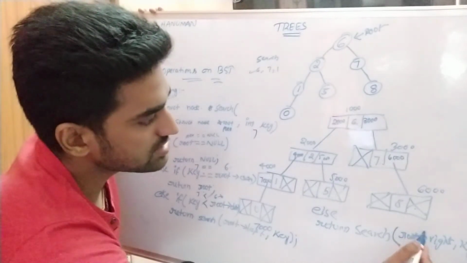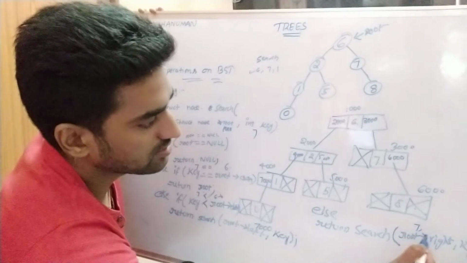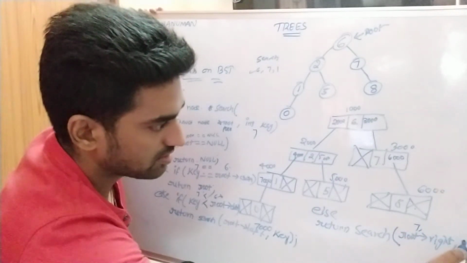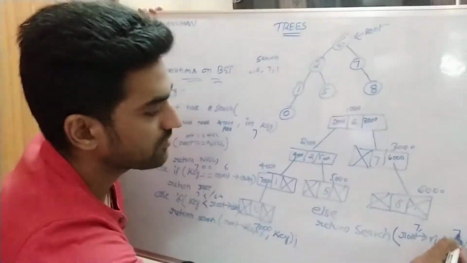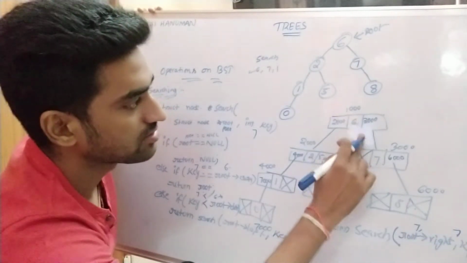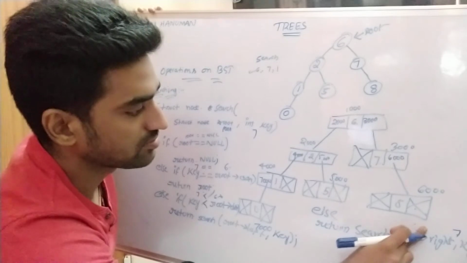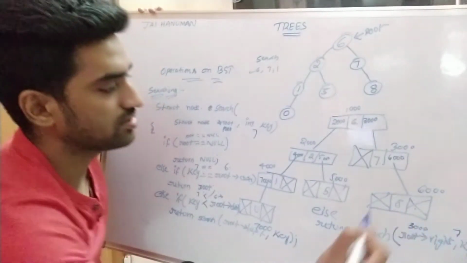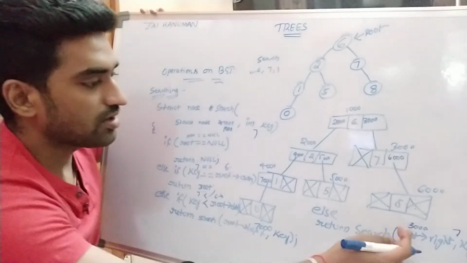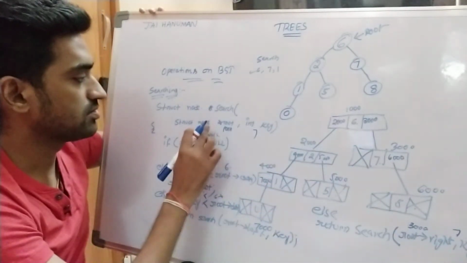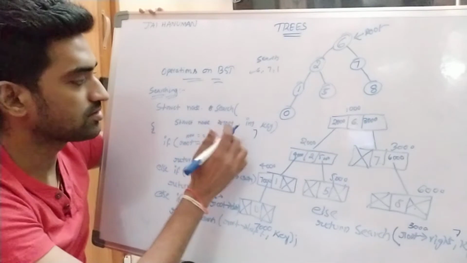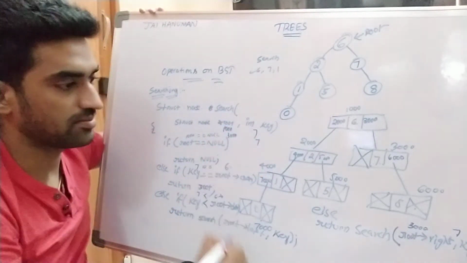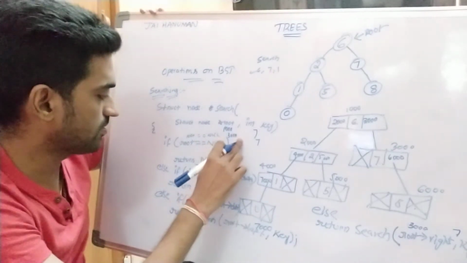So root of right is 7, comma key. The key element is 7. The root of right is 3000, so again we pass the root value 3000.